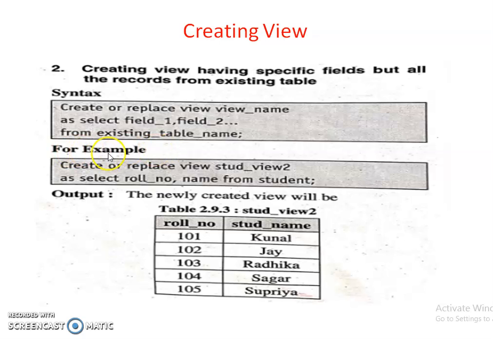For example, CREATE OR REPLACE VIEW student_view_2 AS SELECT roll number, name FROM the existing table, that is student. Now the output is here: the newly created view will have roll number and student name from the existing table, that is student.